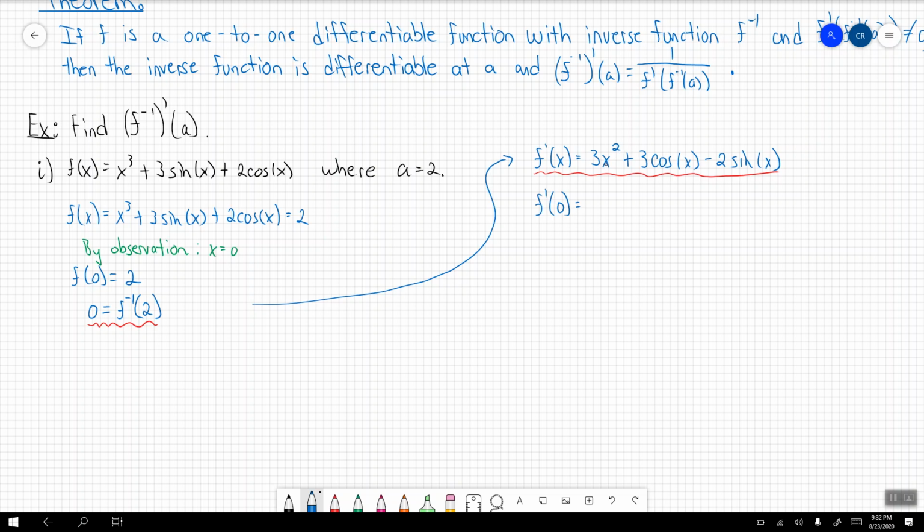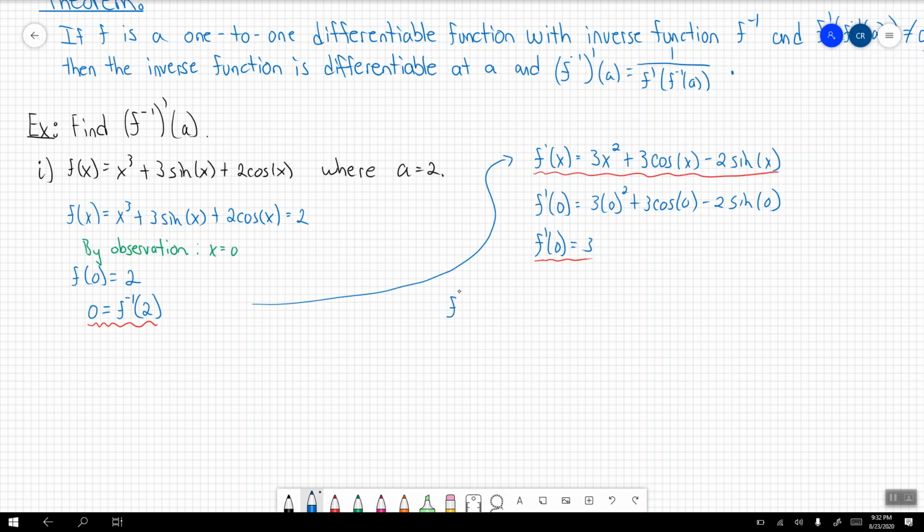So now it's actually real nice: 3 times 0 squared plus 3 times cosine at 0 minus 2 times sine at 0. And what do we get? First term goes away, last term goes away. Middle term just turns into 3, which means f prime at 0 is equal to 3. Good. That's not all. We're almost done, but that's not all.